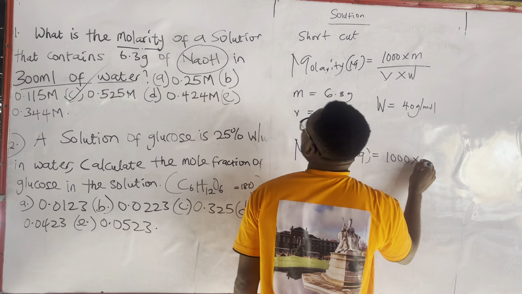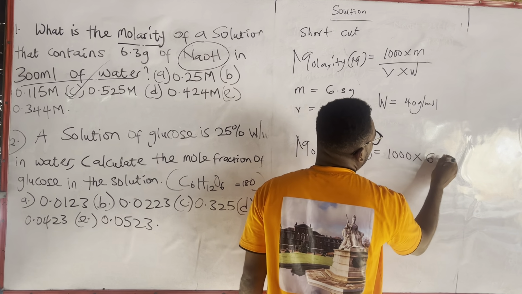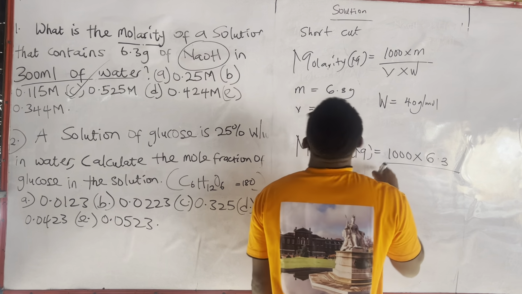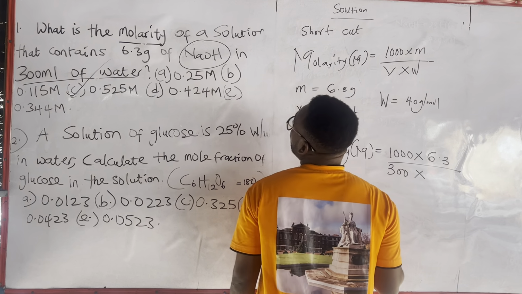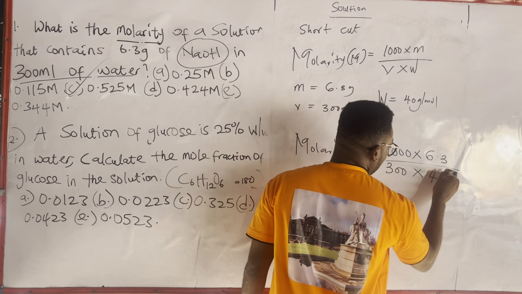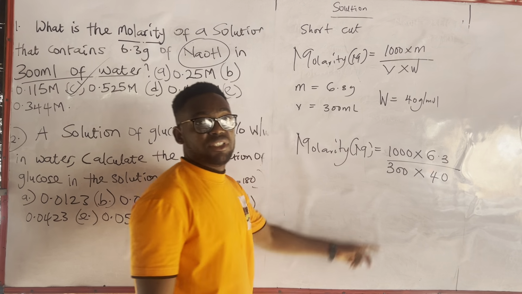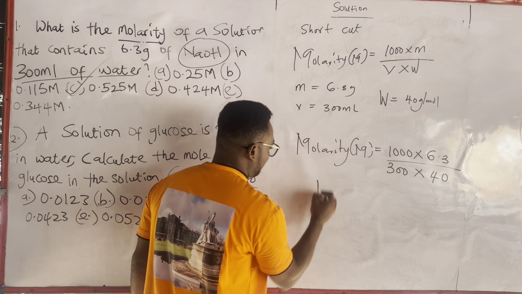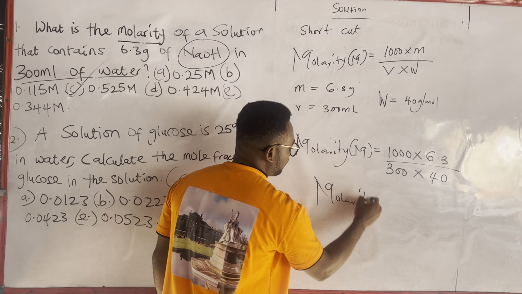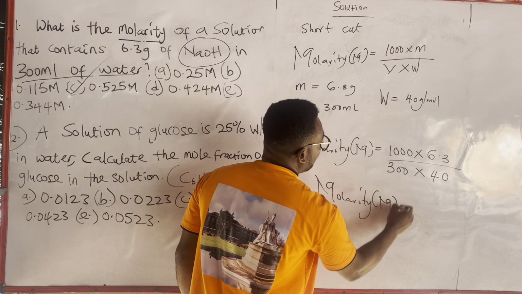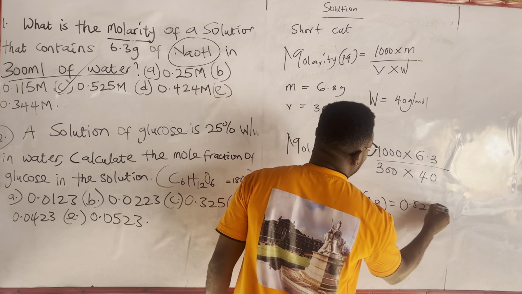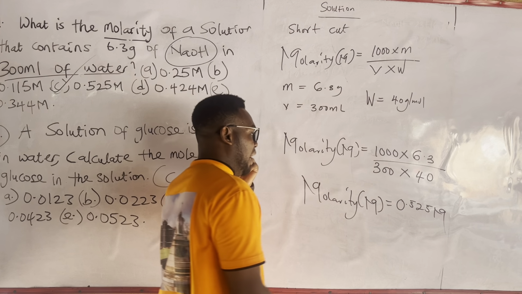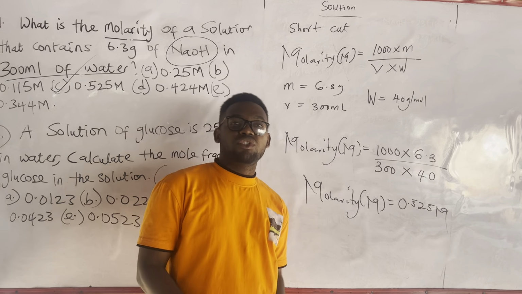Multiplied by the mass in the question, which is 6.3, divided by the volume in the question, 300, multiplied by the weight, 40. If you grab your calculator and plug this in, you will see that the molarity of this solution is 0.525 molar. The same thing we got when we used the normal method.